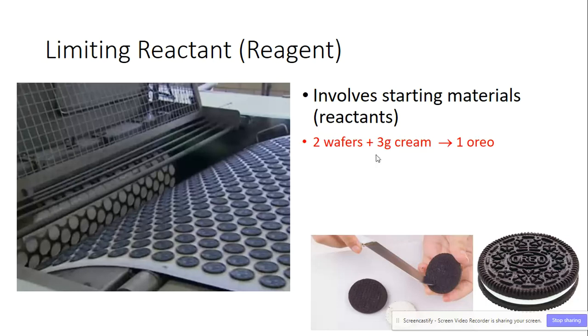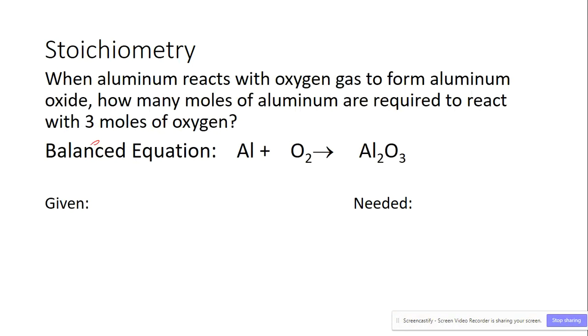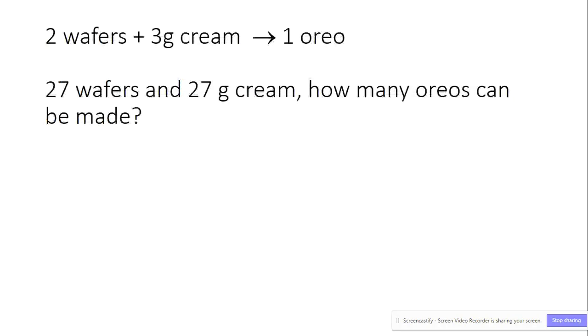So if you have 2 starting materials, like if you're making Oreos and you're trying to figure out how many Oreos you can make, and you know the balanced equation is 2 wafers have 3 grams of cream in between them to make 1 Oreo, then you should be able to figure out, you have 27 wafers and you have 27 grams of cream.